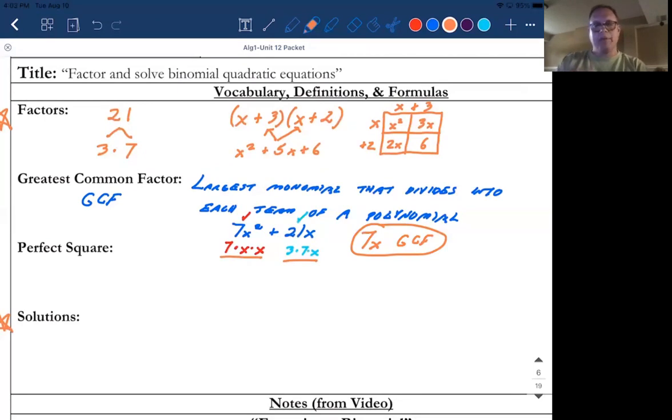Now, you've probably heard the term perfect square, and it doesn't deal with an actual square itself. It deals with a square of a number. And so let me define that for you.